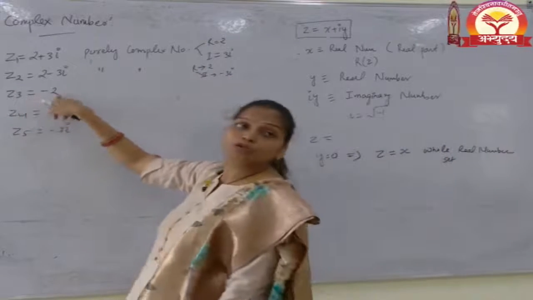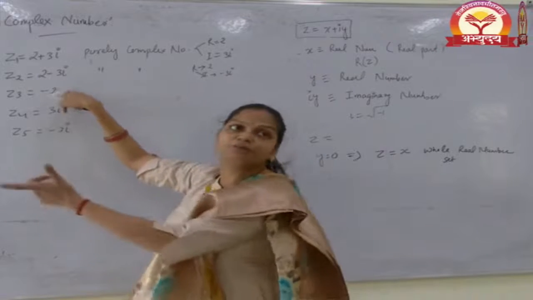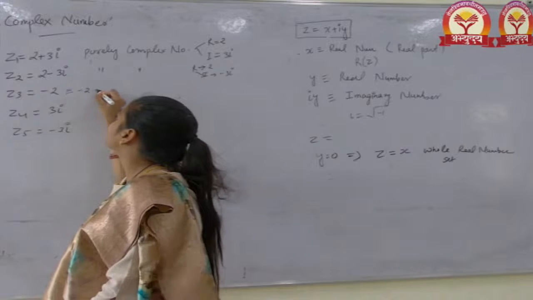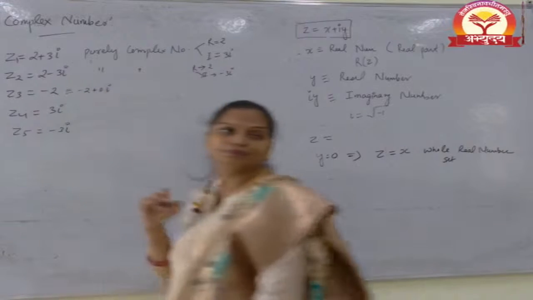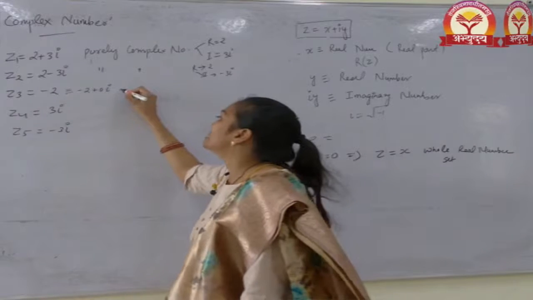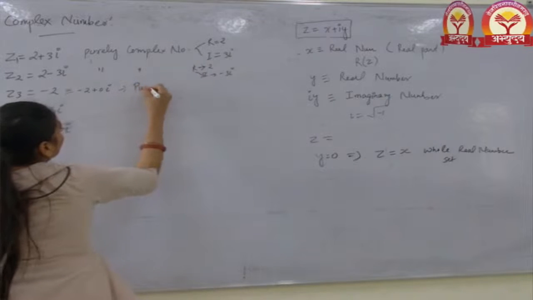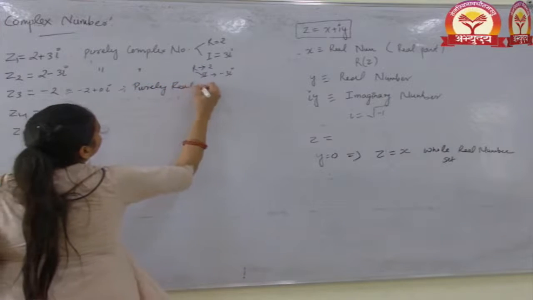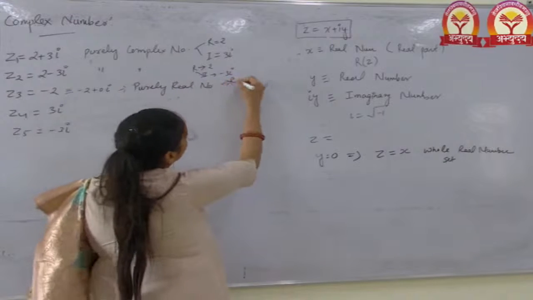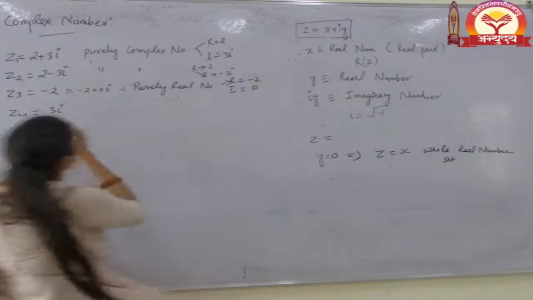z3 is equal to minus 2. That means this one is what? Where the coefficient of the imaginary part is missing. That means you can write this as minus 2 plus 0 into i. And the imaginary part is missing. That means we can say this one is a purely real number, that means real part is minus 2 and imaginary part is 0.